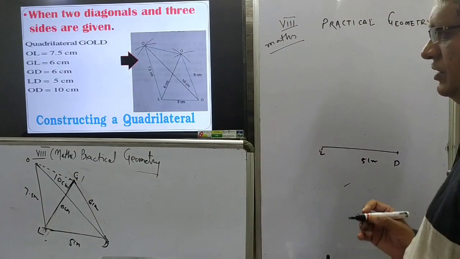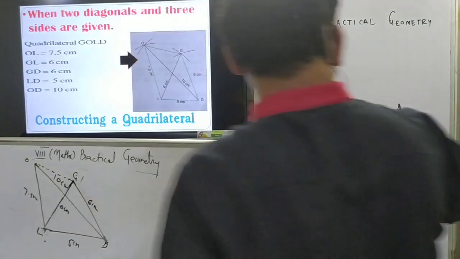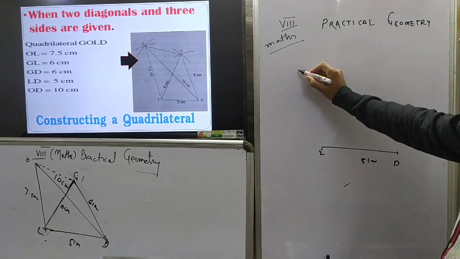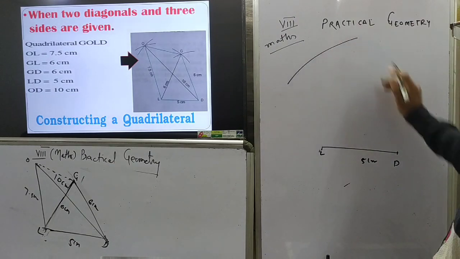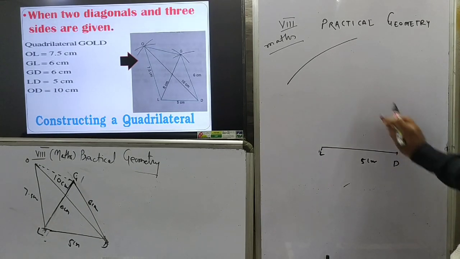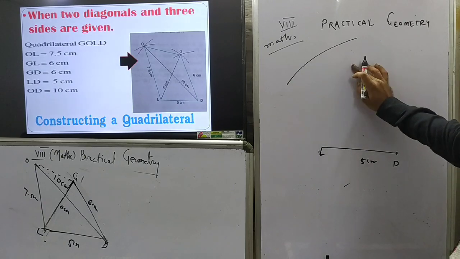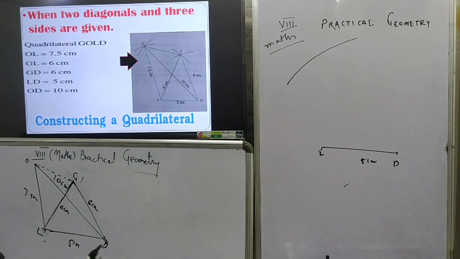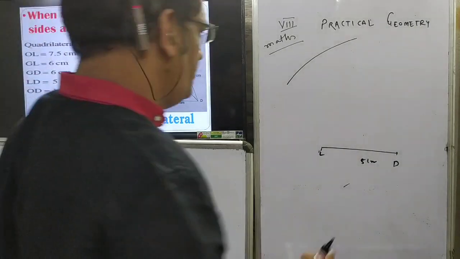From this, the point O is 10 centimeter away from D. So take 10 centimeter in the rounder, put the metallic end of the rounder at D and draw one arc. This arc is of radius 10 centimeter. On this arc there is point O. For locating O, OL is given 7.5 centimeter.